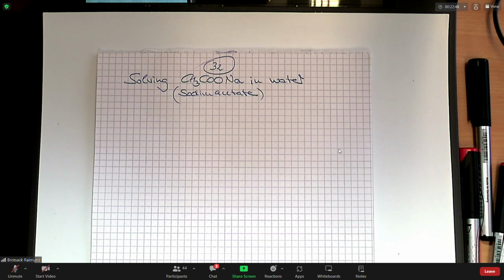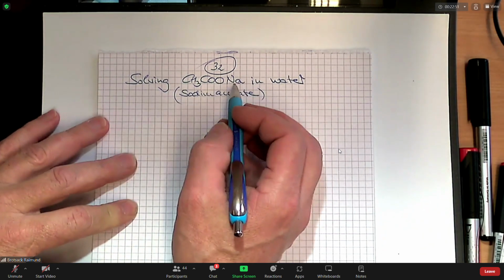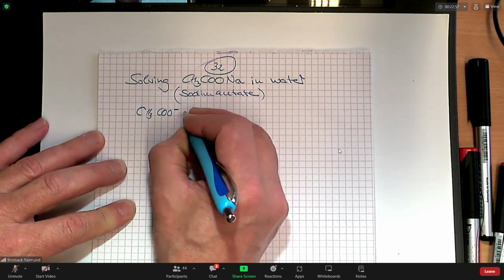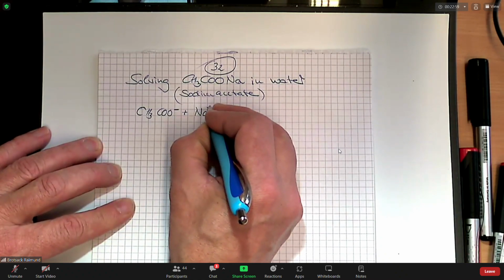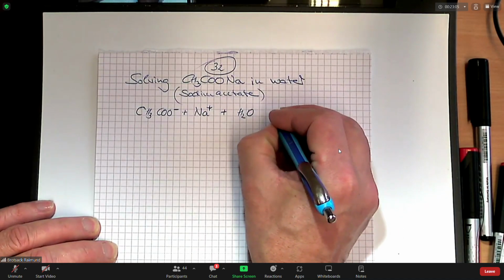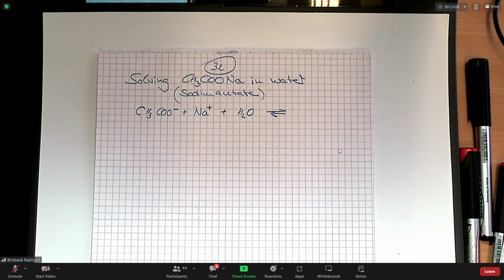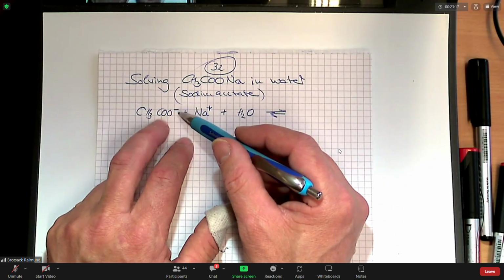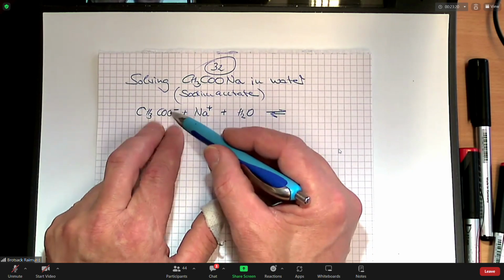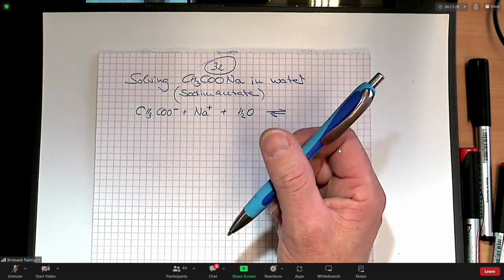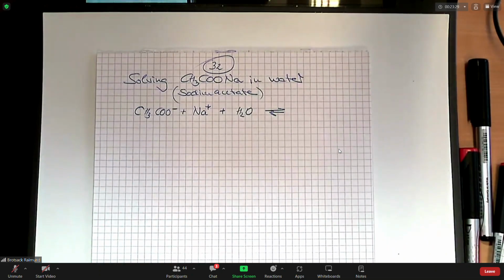Sodium acetate is, of course, CH3COO- plus Na+ ions, and we have them in water. And then we always write it as a balance. Now, this acts as a quite strong alkali because it's a weak acid. The acetic acid is a weak acid, meaning the corresponding anion is a relatively strong base.